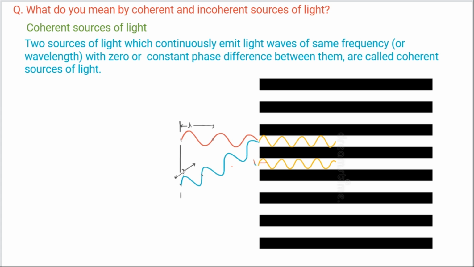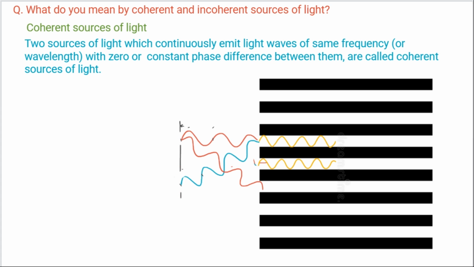Now consider the light coming from slit S1. This time it has to travel a longer distance. Let us just count this: one wavelength, two wavelength, three wavelength, four wavelength. Now consider the light coming from slit S2.